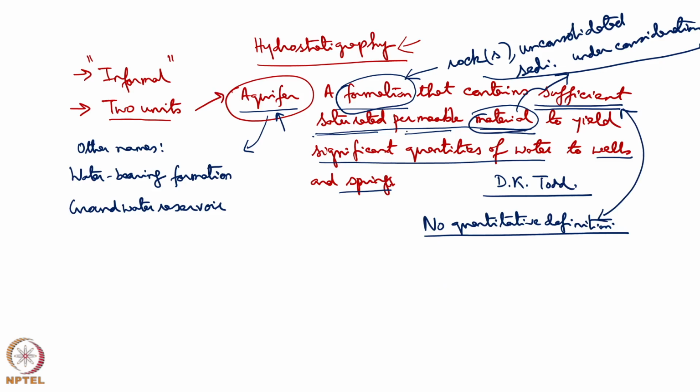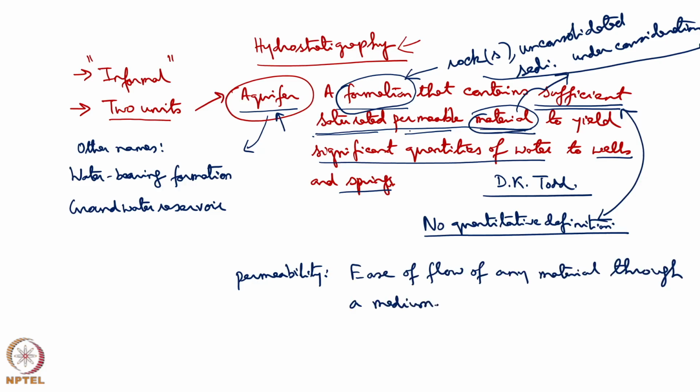Now, let us try to understand what is permeability. Ease of flow of any material through a medium is permeability. And here we are dealing with water flow, and the medium is either rock or rocks and unconsolidated sediment.